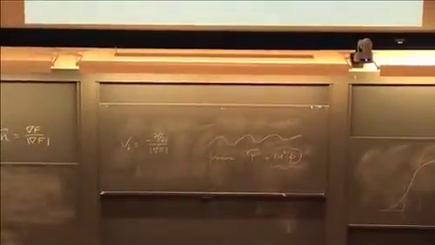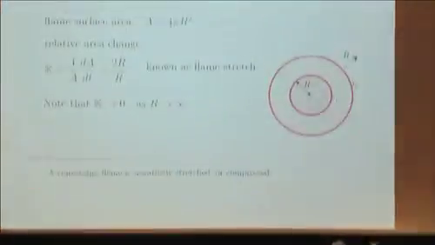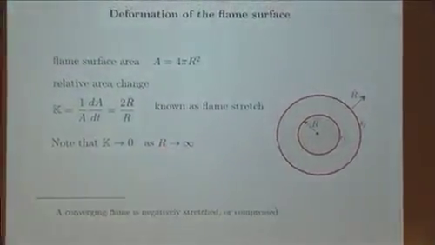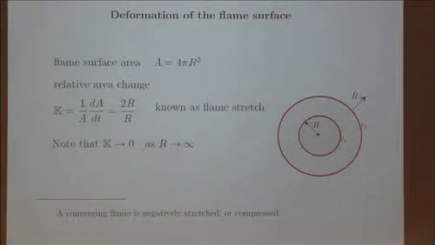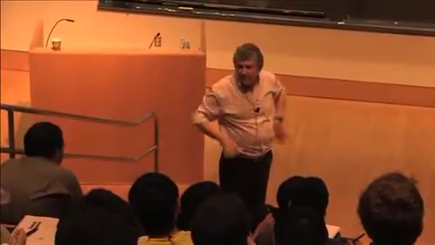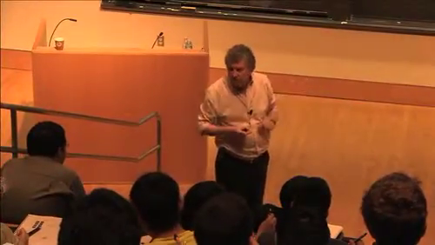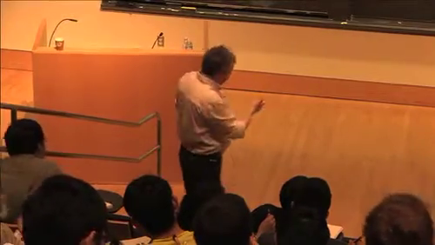So this is for the simple case, just to see it. And in particular, note that when R becomes very large, K goes to 0. In other words, when the flame becomes very large, it flattens out, and a flat flame does not change its area if it's under a uniform flow, so it's not stretched, and so that's fine.